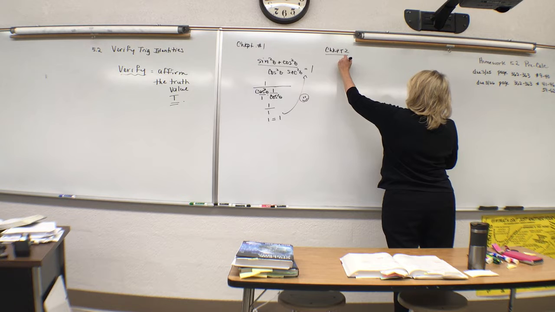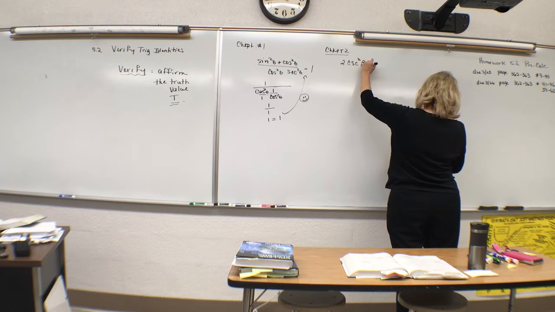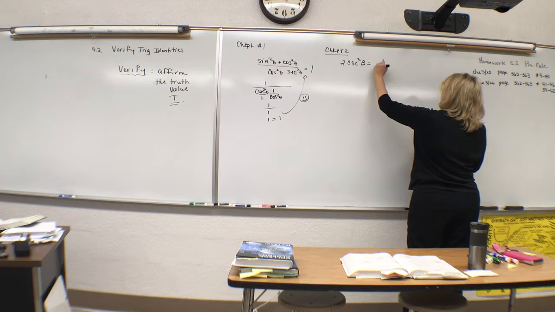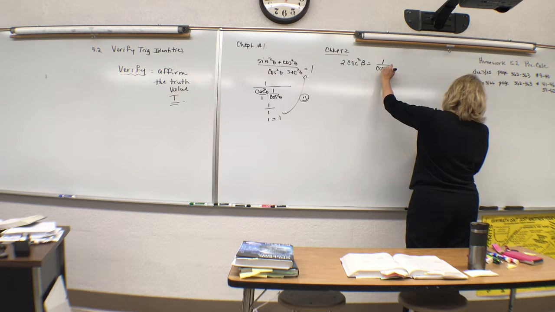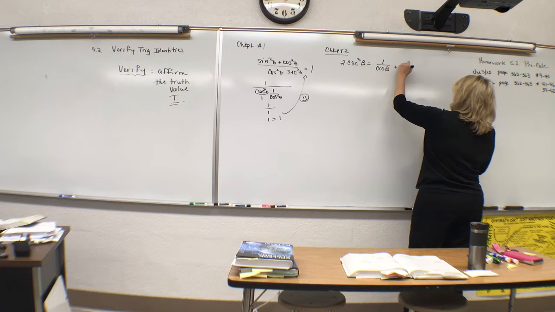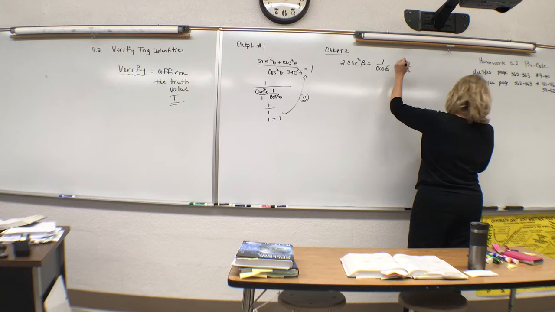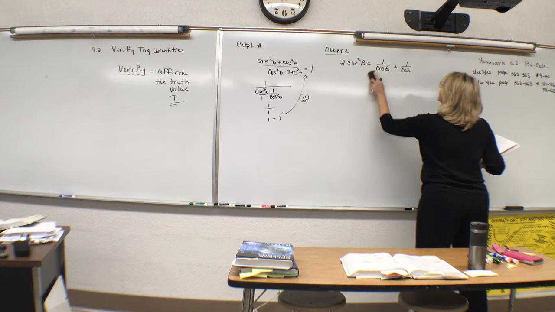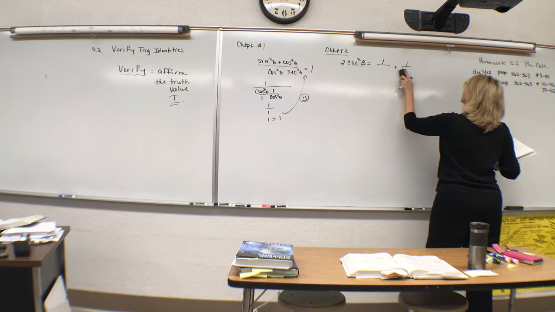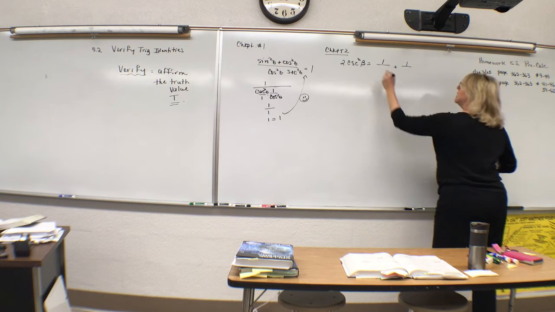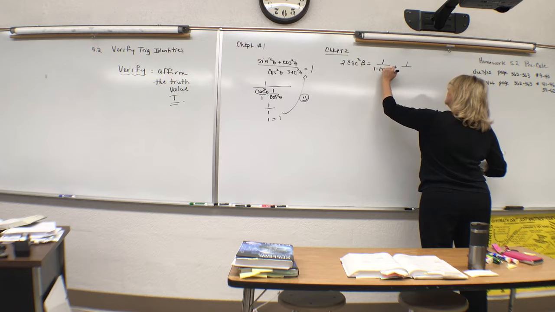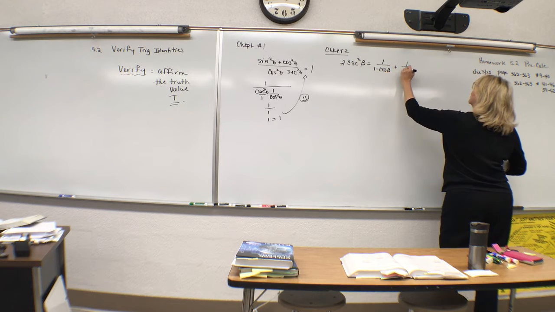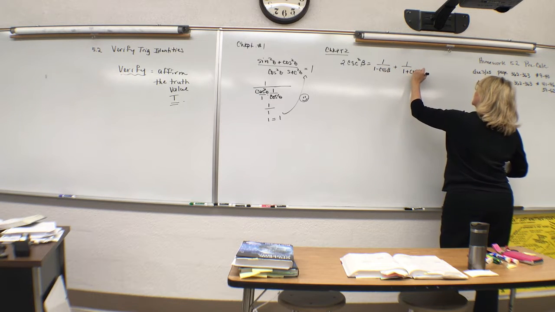So here we have 2 cosecant squared beta equaling this time 1 over 1 minus, let's fix that, that would make that a very different problem. Let's see, 1 over 1 minus cosine beta plus 1 over 1 plus cosine beta.